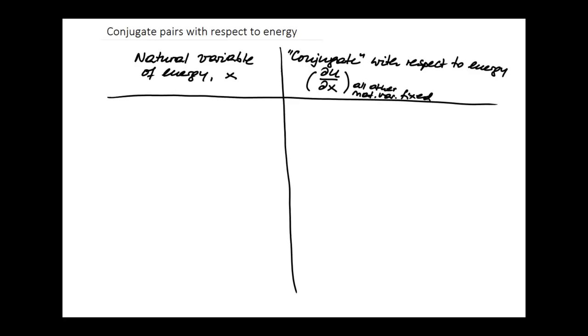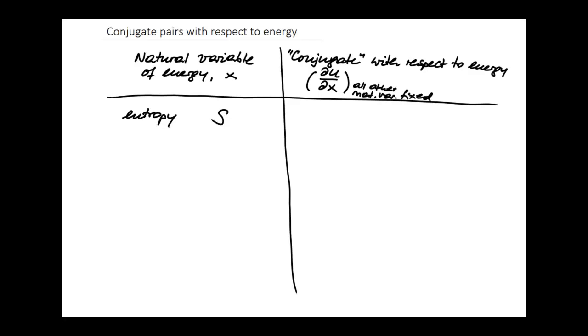So what did we learn about the energy? The energy has as one of its natural variables always the entropy. While in the case of entropy, this has as a natural variable always the energy. When we solve for the energy, then we find that the energy always has as a natural variable the entropy.